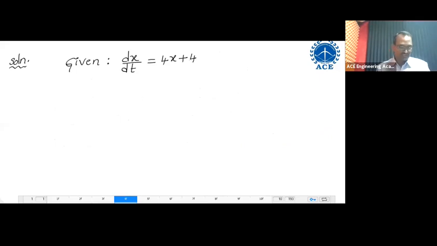Do you know the general form of the differential equation? dy by dx is equal to f of x comma y, where y means x and x means t.